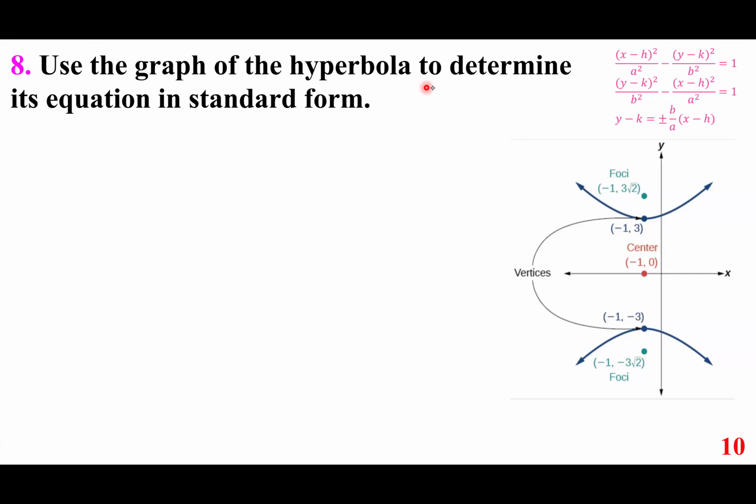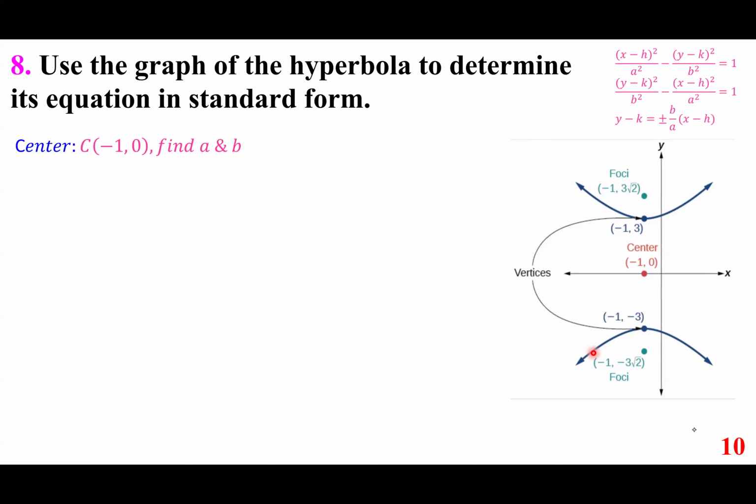Use the graph of the hyperbola to determine its equation in standard form. Clearly, the center is at (-1, 0), and we want to find a and b.